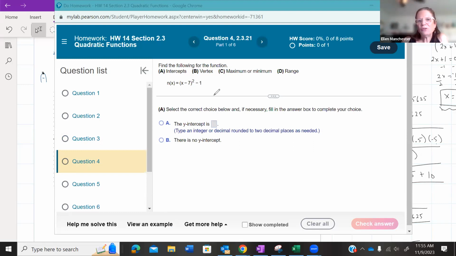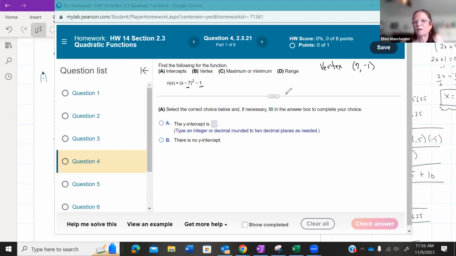When it's in vertex format, the vertex is sitting right here. That's that H and K. So the vertex is much easier to find. Remember, it's the opposite of the X value and the same of the Y value. There's your vertex.